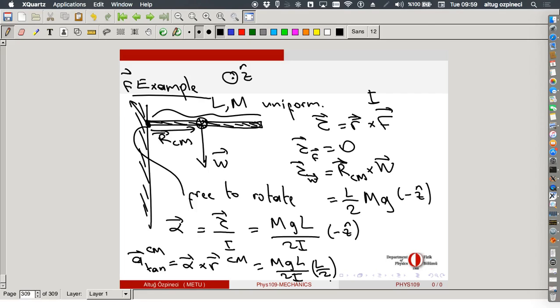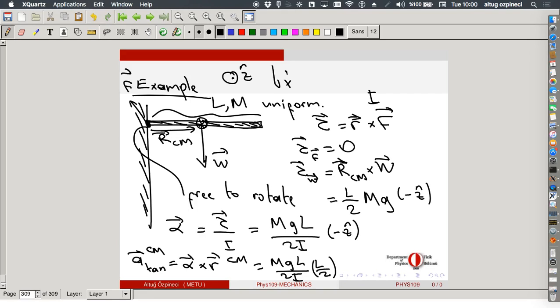Well, here I made a mistake probably. It's r cross alpha. No, alpha cross r. Okay, this is alpha, this is r. Now alpha cross r is pointing downward.